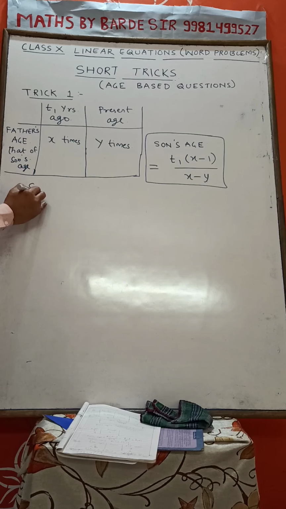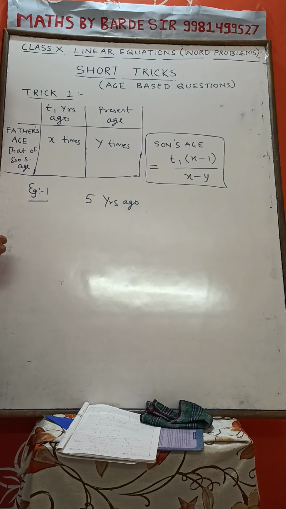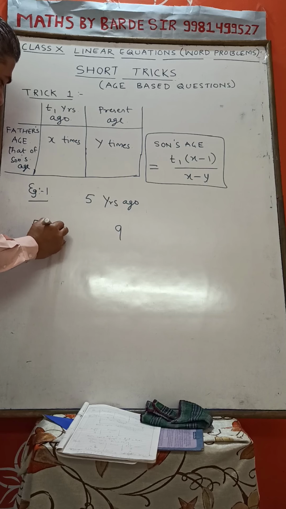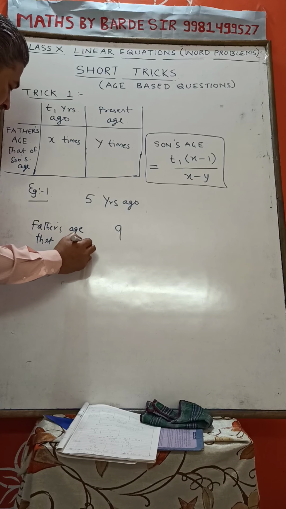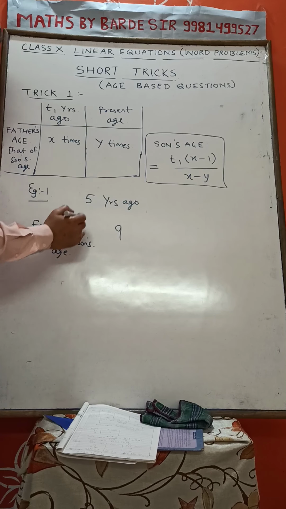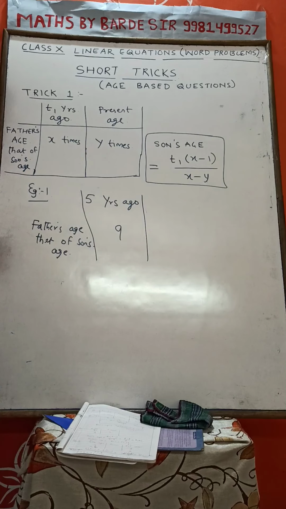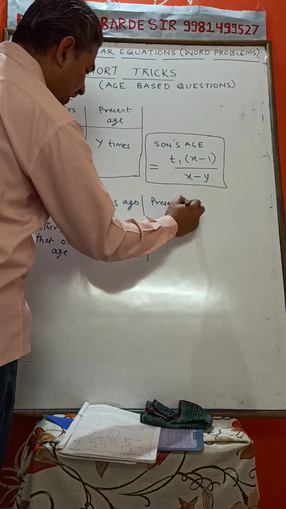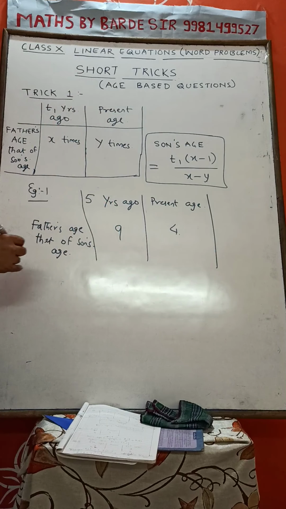Let's take an example to solve this. 5 years ago, father's age was 9 times that of son's age, and present age of father is 4 times that of son's age.